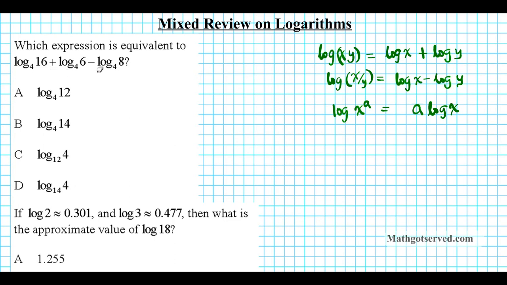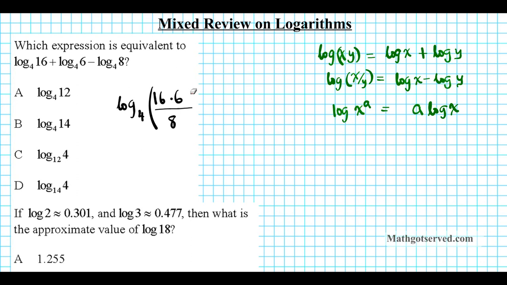Here we have a sum. Using the product property, this can be converted into a product, and this minus can be converted into a quotient. So we can rewrite this as log base 4 of 16 times 6 divided by 8. We see the plus becomes a times, the minus becomes a division.